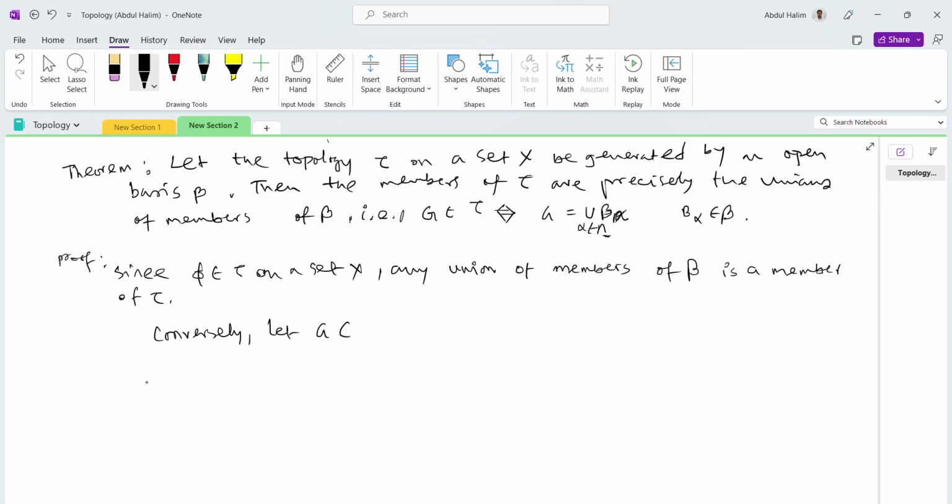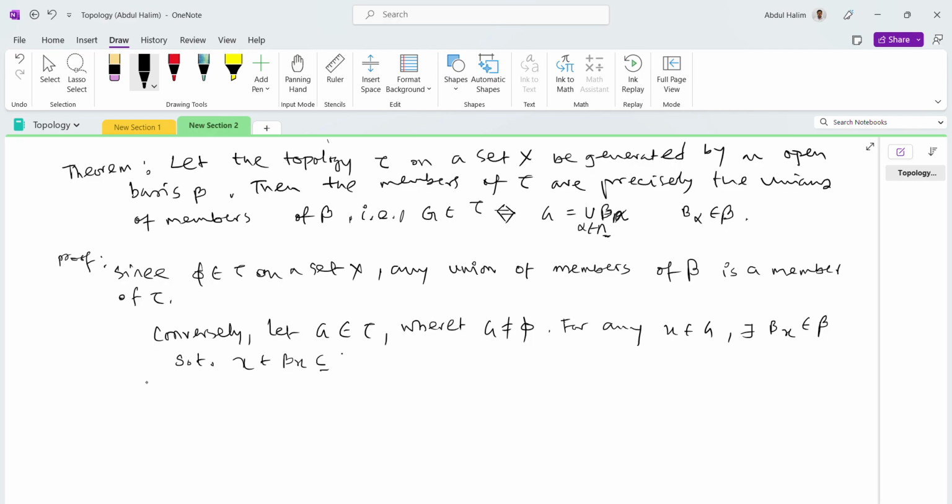On a set X, any union of members of beta is a member of tau.